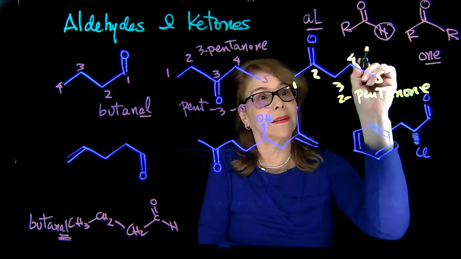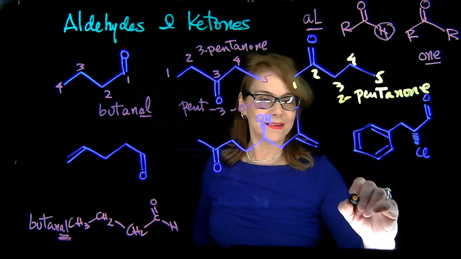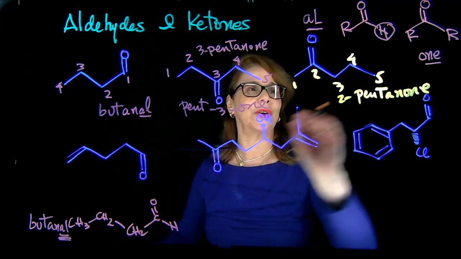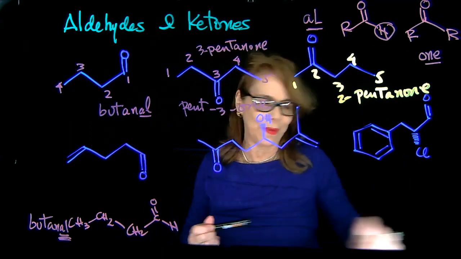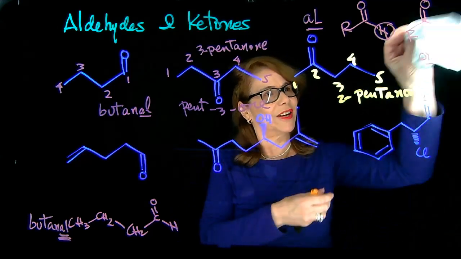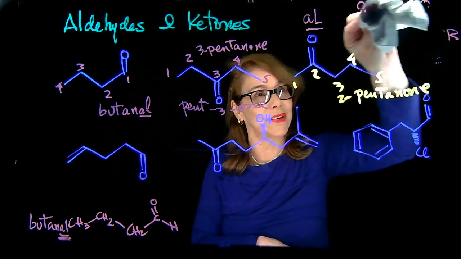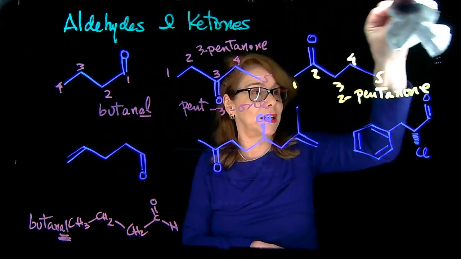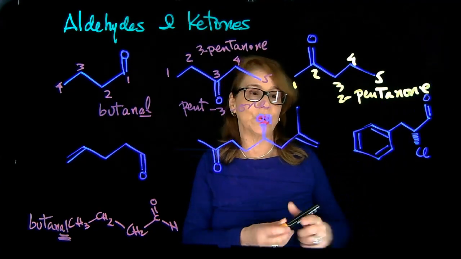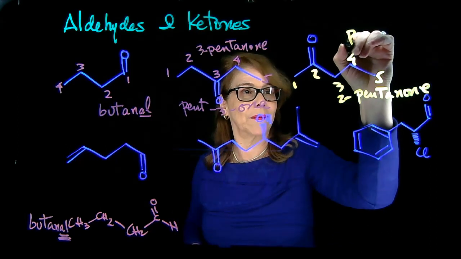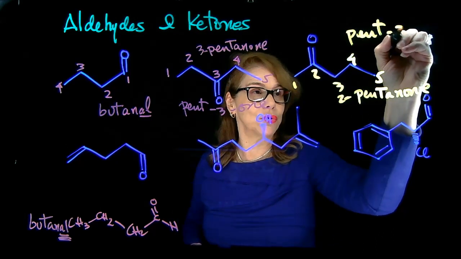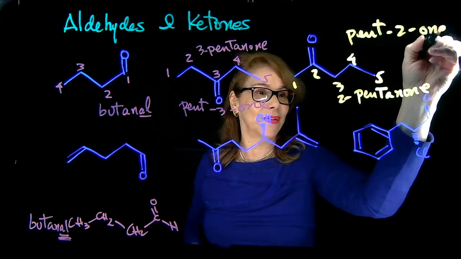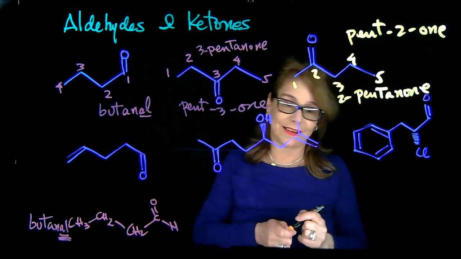Or you can also say pent... let me write it down. No, I'm going to erase that one on top. I don't want to touch the other structure. So what is the other name that we can give it? You can put that location, the locant, in the middle. So you can say pentan-2-one. So either way is acceptable.